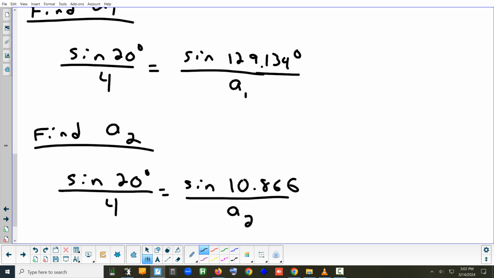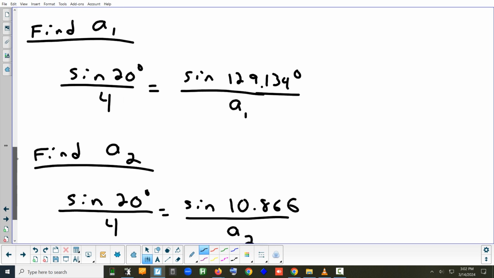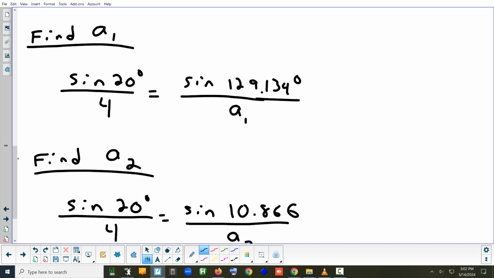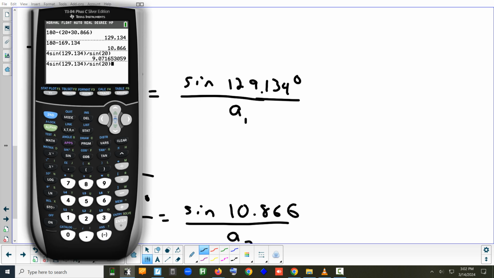So the only difference between finding A1 and A2 is the number in the top on the right-hand side. So if I bring up the last thing I typed in, all I have to do is change 129.134 to 10.866, just like that. All right, and that gives us 2.205.